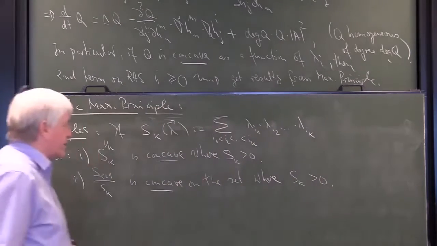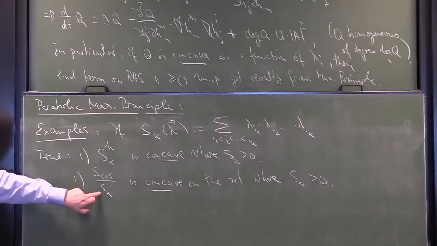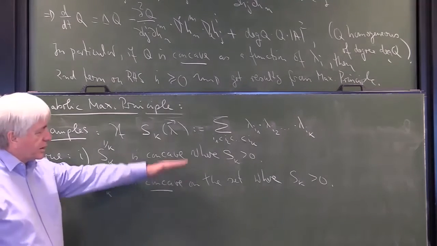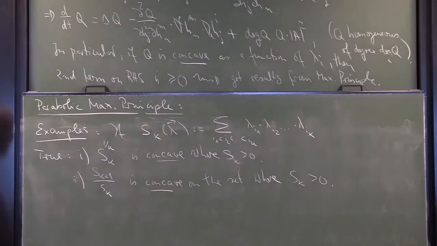It's an interesting fact. You don't only need the denominator to be positive. You don't need the numerator to be positive for that. So this is important in some applications.